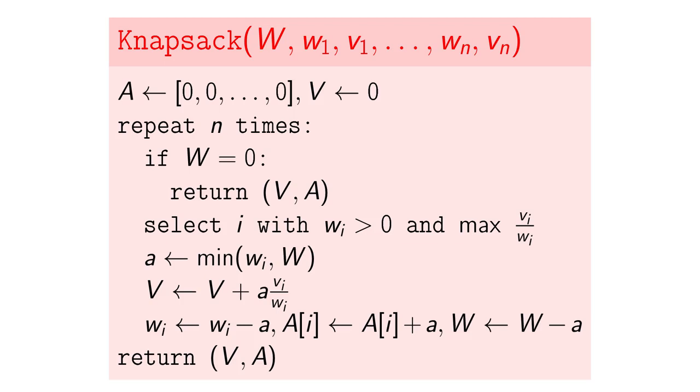Why is that? Because we took A units of item number i, and 1 unit brings us an amount of value equal to v_i over w_i. So if you take A units, the total value from this item is A multiplied by v_i and divided by w_i. After we do n iterations, or maybe fewer if the knapsack is full before we do all n iterations, we return the total value and the amounts in the array.